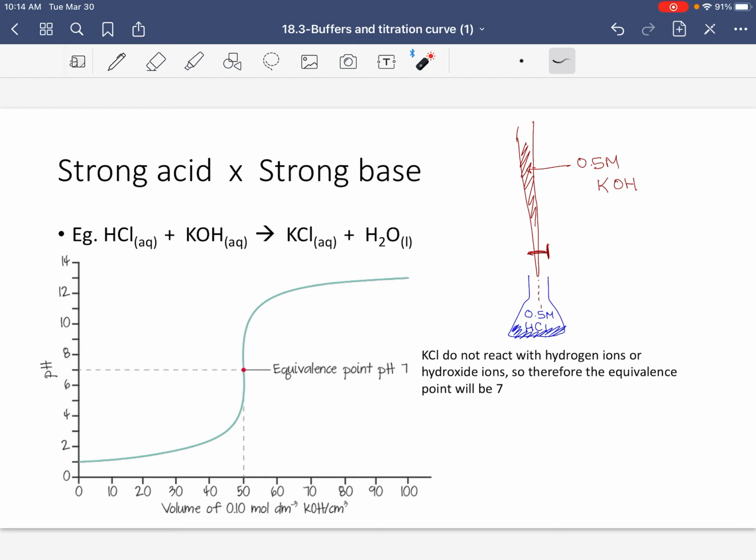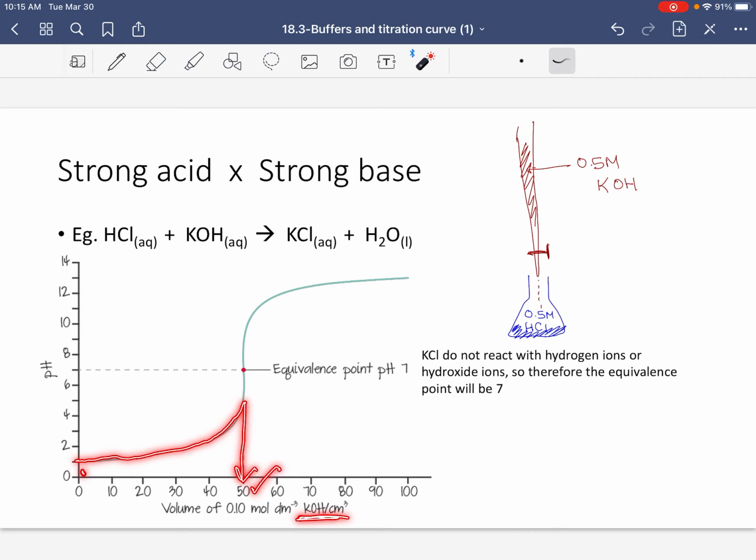So you started off with lots of H plus, but as you add KOH, the amount of H plus will start to decrease. If the concentration of H plus is decreasing, pH will be increasing. So as you add more and more KOH, the pH is becoming more and more neutral. And then you'll see this very sharp turn when you're at the equivalent point.